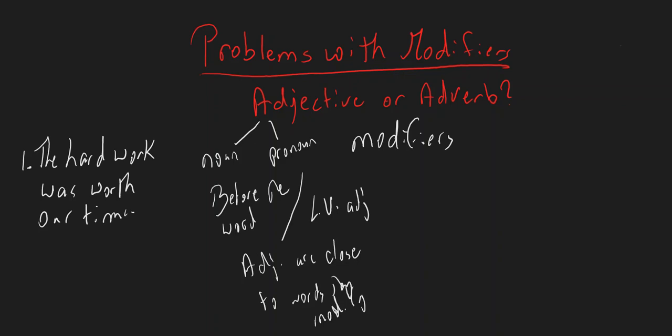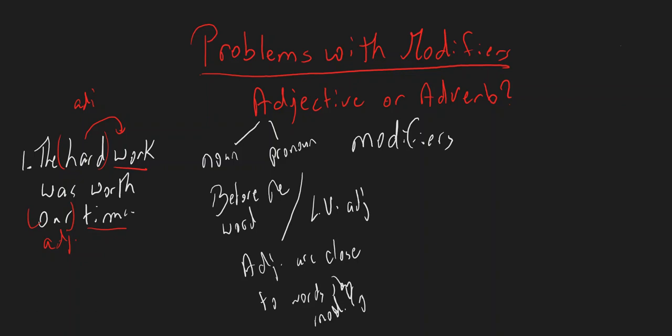Now if you notice, in this sentence the noun work is being modified by the word hard, so that's an adjective which comes before the word it modifies, and time is being modified by the pronoun our. In this case we can use our as an adjective as well, because it modifies the type of time, or whose time that is. So you notice that the adjective is close to the word it modifies and comes before the word it modifies, except if we have a linking verb.